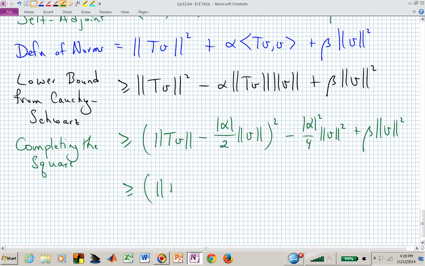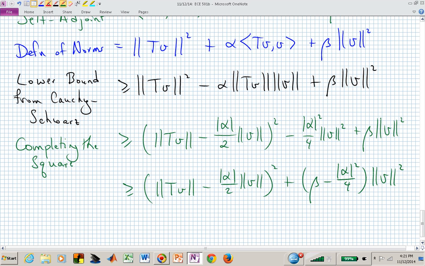We keep this first term, and we now add into that beta minus alpha squared over 4.